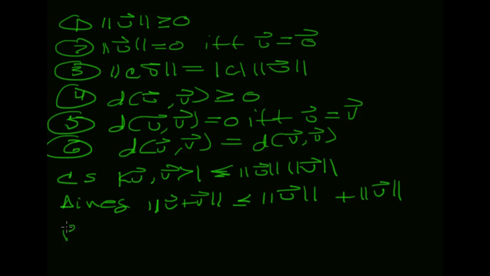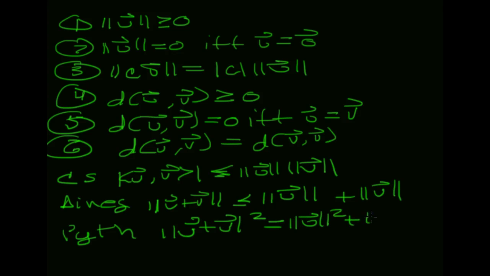And we also get a Pythagorean theorem: the norm of u plus v squared is equal to the norm of u squared plus the norm of v squared if and only if u is orthogonal to v.